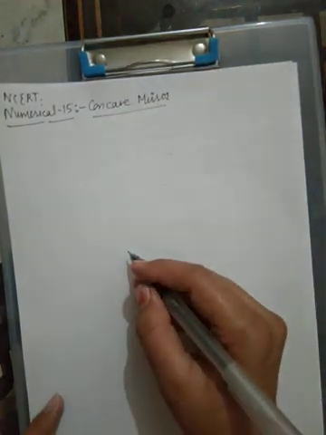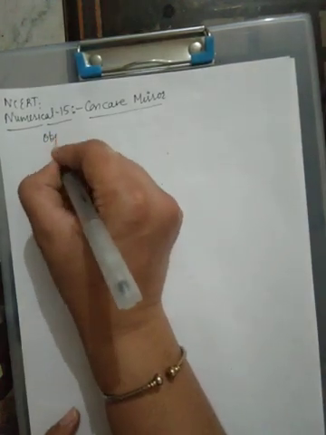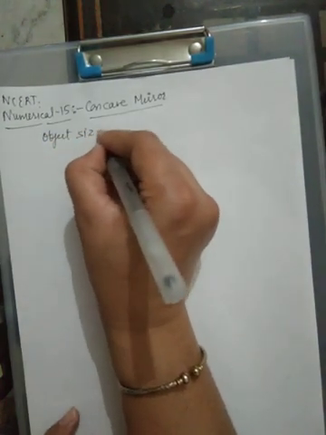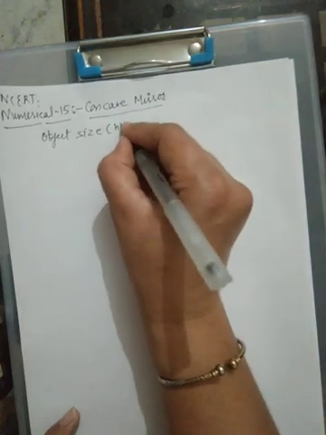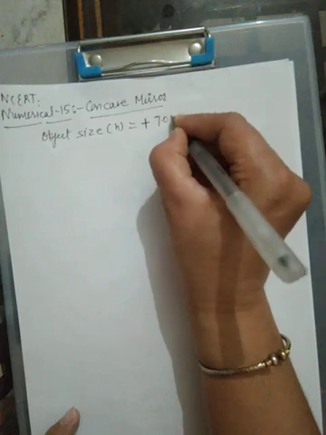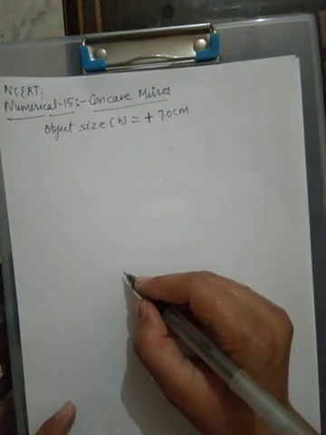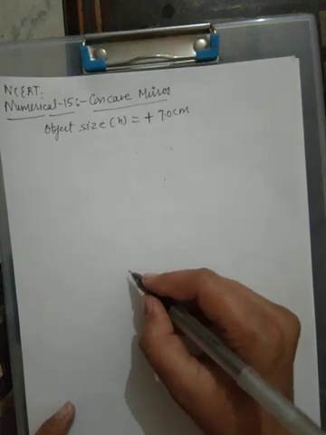An object of size 7 centimeter. It means object size is given, that is denoted by H, and size of object is always positive, so it is 7 centimeter.